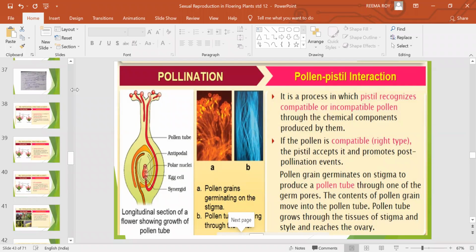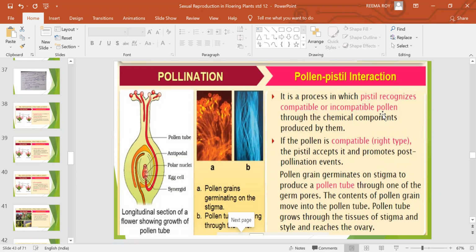Yes. Great. So here pollen and pistil interaction. Pollen मतलब male, pistil मतलब female interact कैसे होते हैं वो हम जानने वाले. Okay. So it is a process in which pistil recognizes compatible or incompatible pollen through chemical components produced by them.